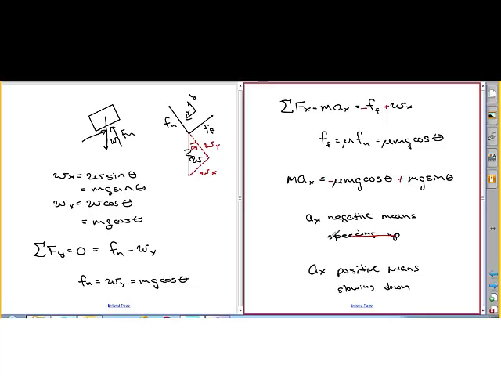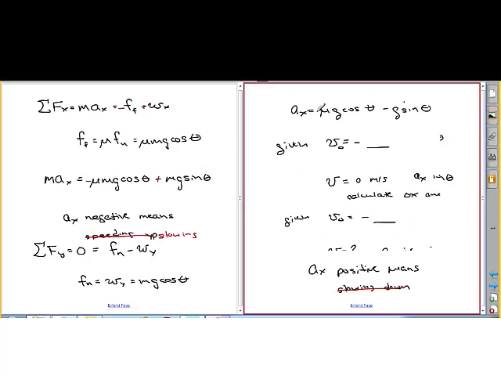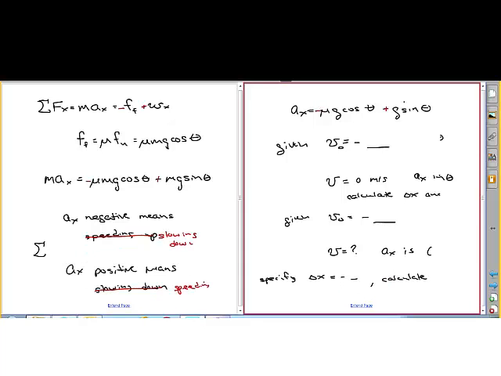So a sub x negative would mean that you're accelerating this way, so this would be slowing down. And a sub x positive would, in this case, be speeding up. When you get over here, this would be negative, that would be positive.